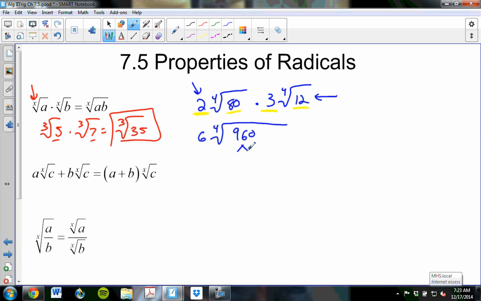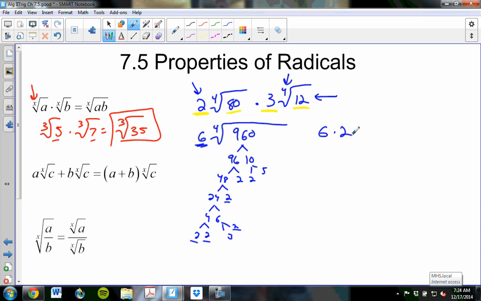960 is 96 and 10. That's an easy place to start. 96 is 48 and 2, 24 and 2, 4 and 6, 2 and 2, 2 and 3, 2 and 5. Okay, I'm doing a fourth root here. Since the fourth root takes groups of 4, there's 1, 2, 3, 4 2's that come out and multiply with the 6 that was already here.